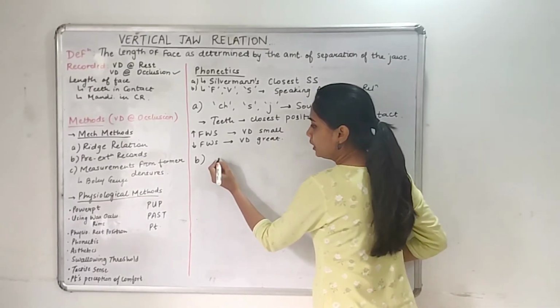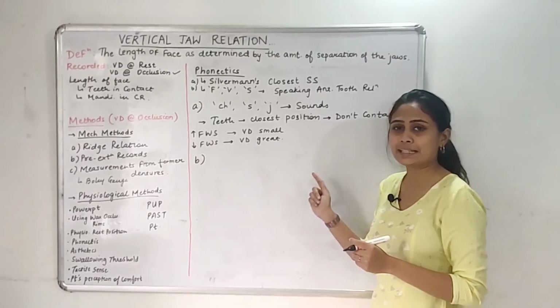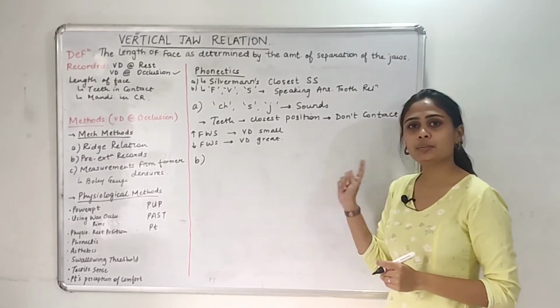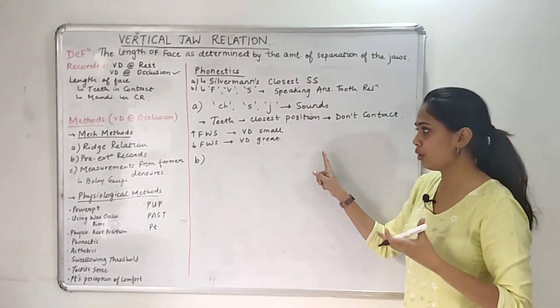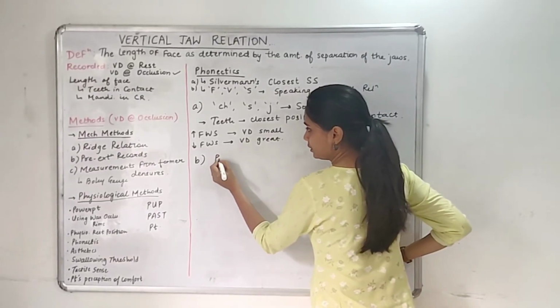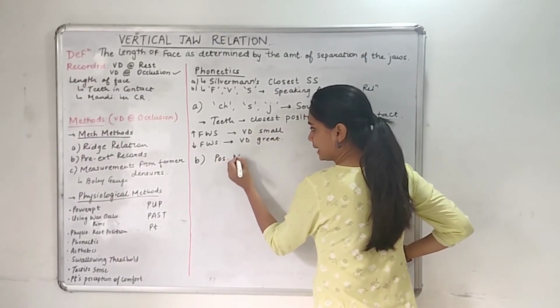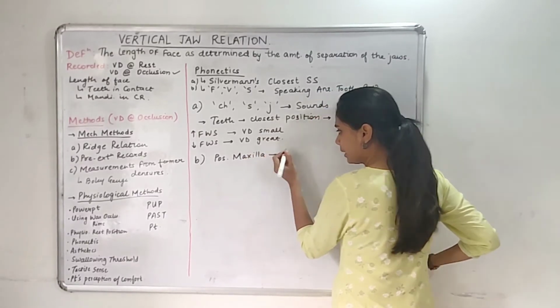What does this mean? The position of the maxillary rim is determined by the movement of the maxilla when F and V sounds are pronounced.